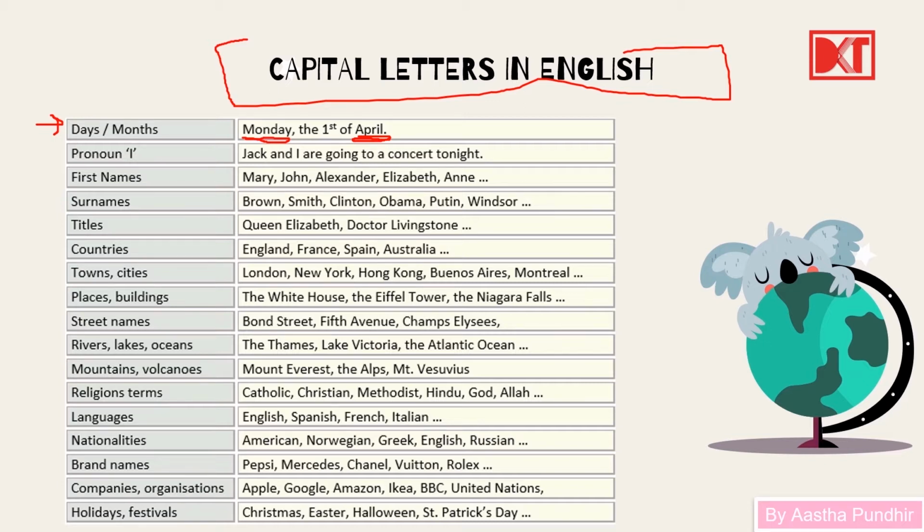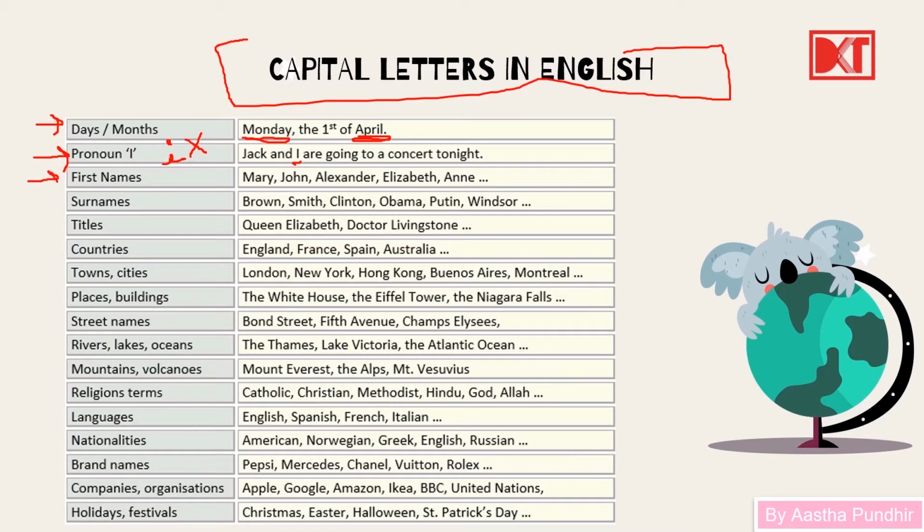Then whenever the pronoun I is used, it is never a single lowercase i. We don't write it like this; this is incorrect. We write it in capital, for example, Jack and I are going to a concert tonight.